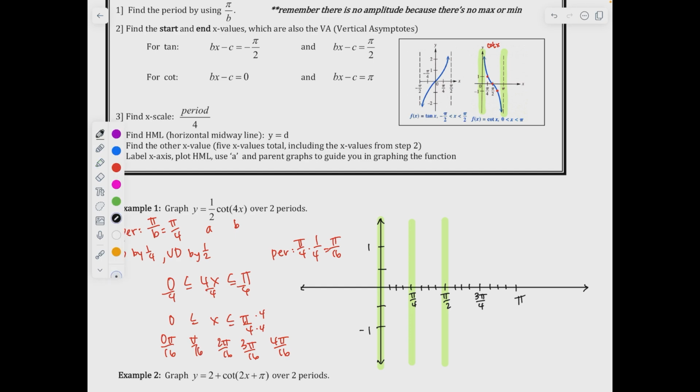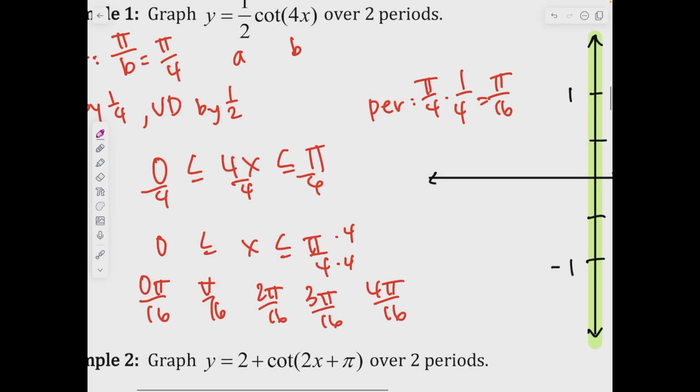But in any case, my y values are normally at +1, this is cotangent, 1, 0, and -1. And because my a value is 1/2, I'm going to multiply it by 1/2. So this becomes 1/2, this is still 0, and then I am at -1/2.